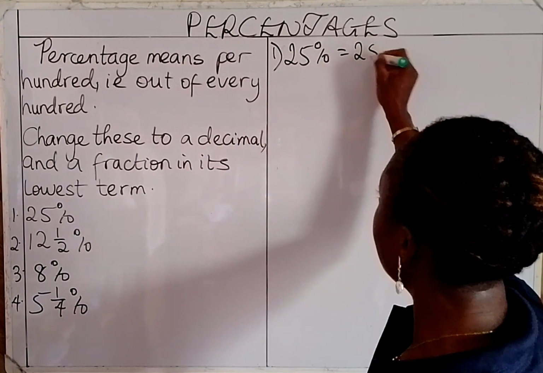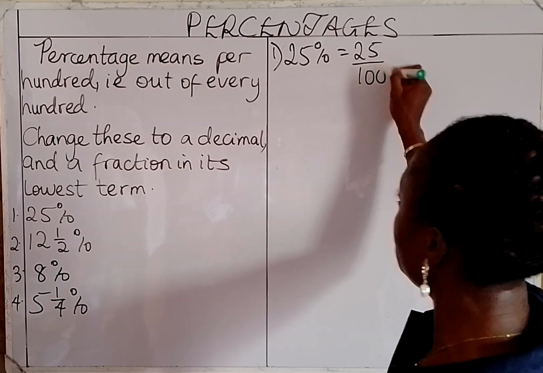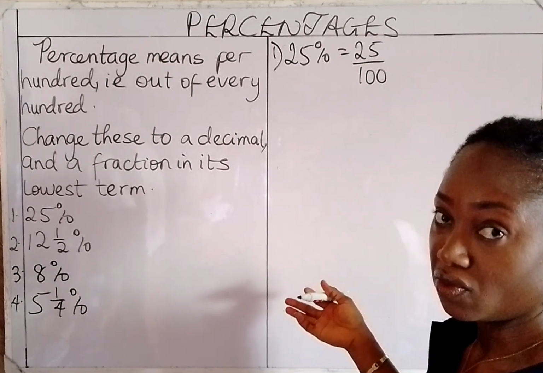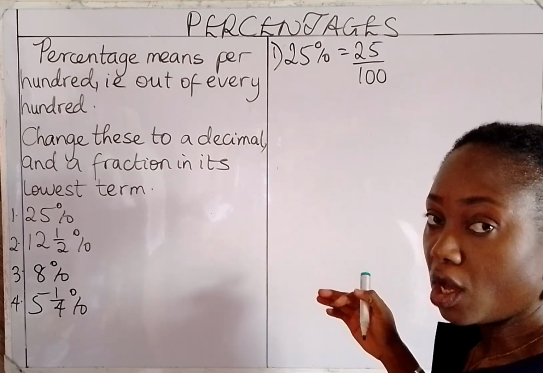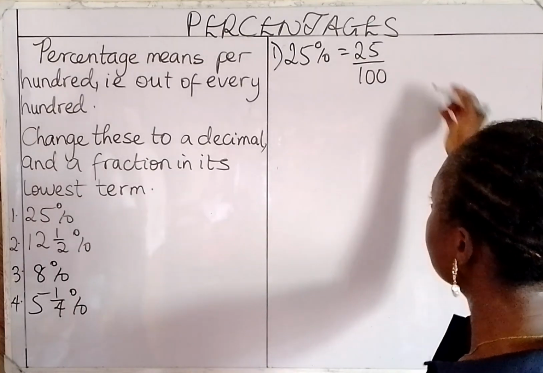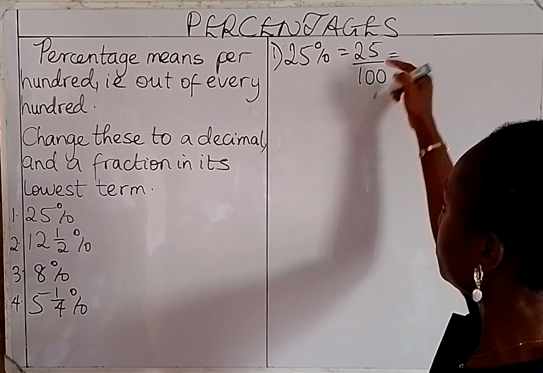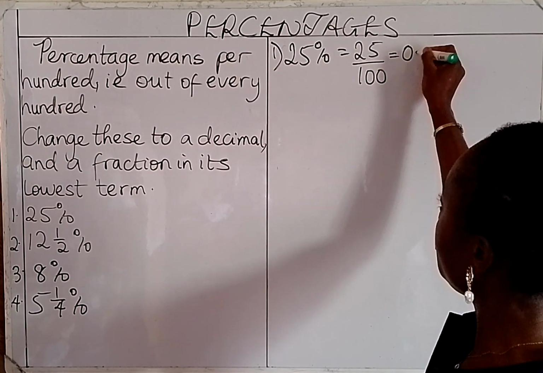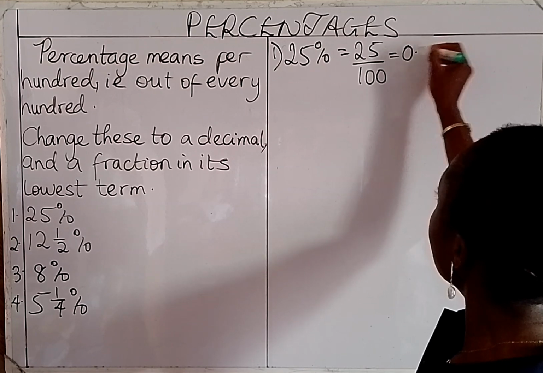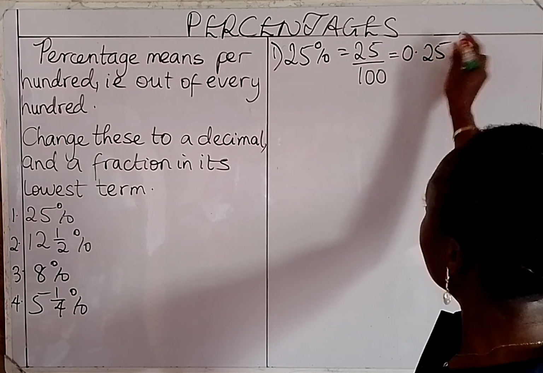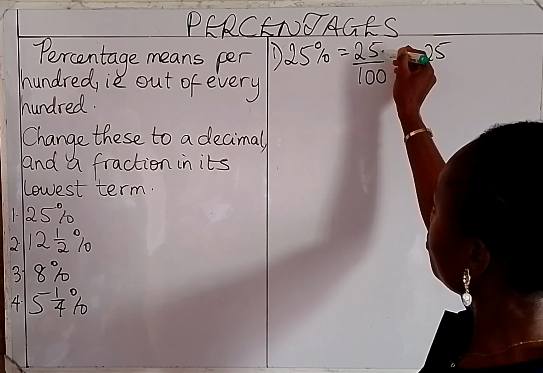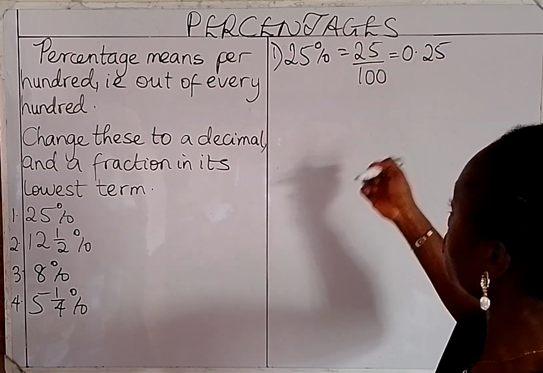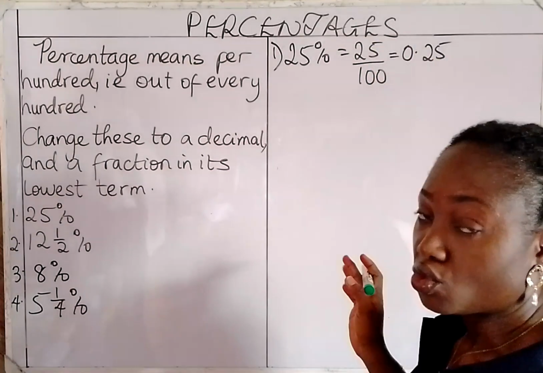So we have 25 over 100. Now this is the fraction part of it. Then we're going to convert it to what? Decimal. How do we convert it to decimal? We have 0.25. Okay, because if we move 2 zeros from here, we have 0.25.